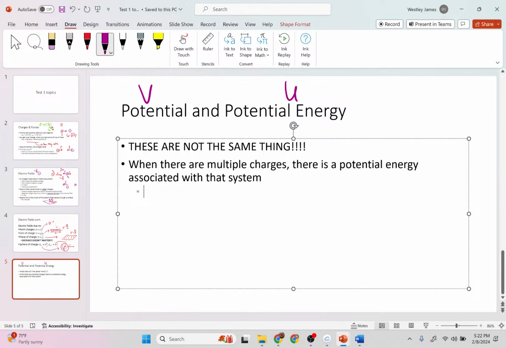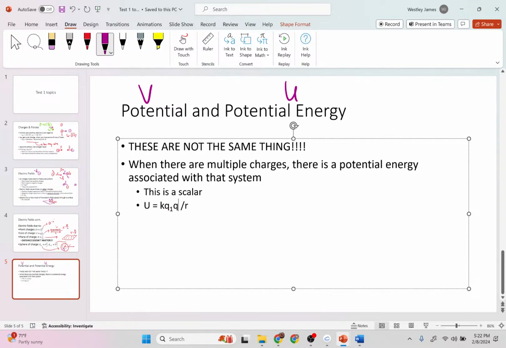That energy is U equals K. Now, this is a scalar. In fact, this is a scalar. So notice, I am not going to put absolute value on here.